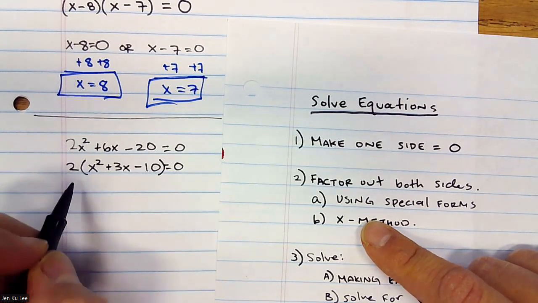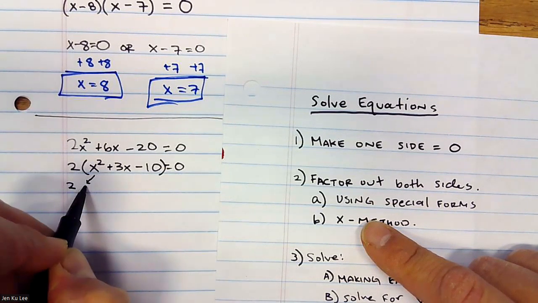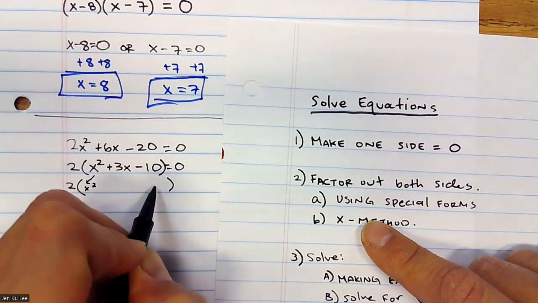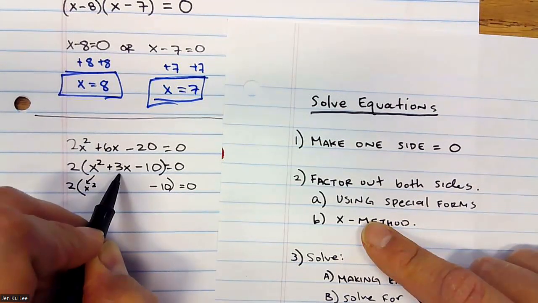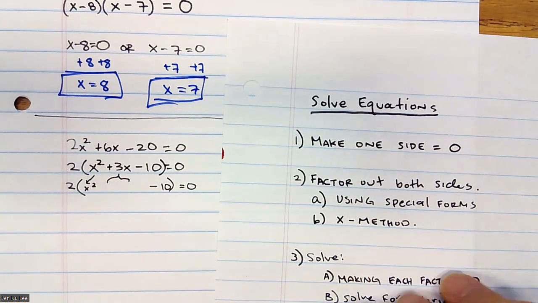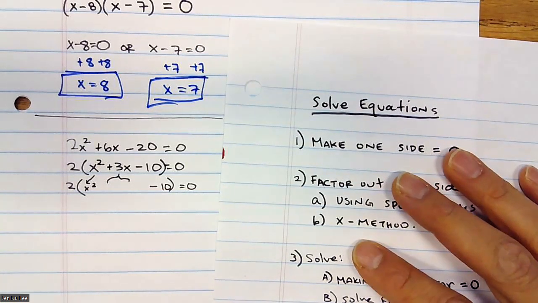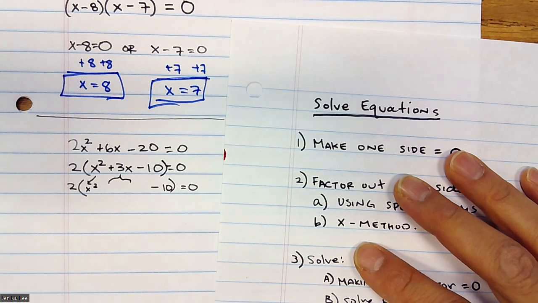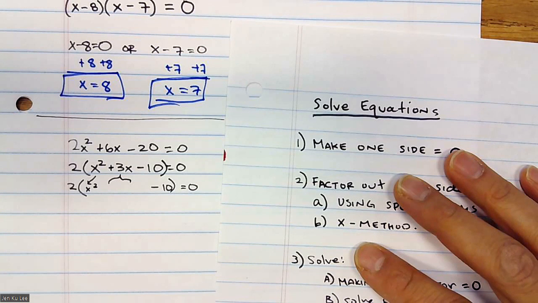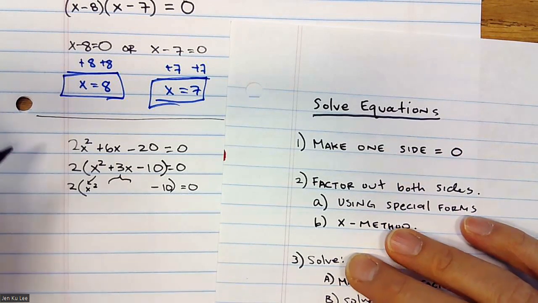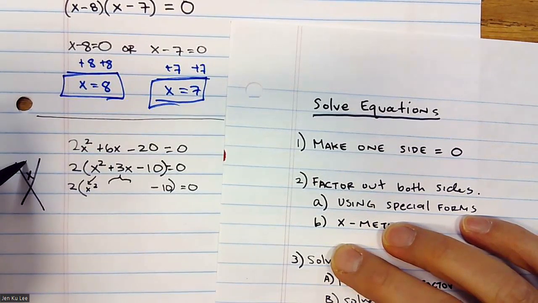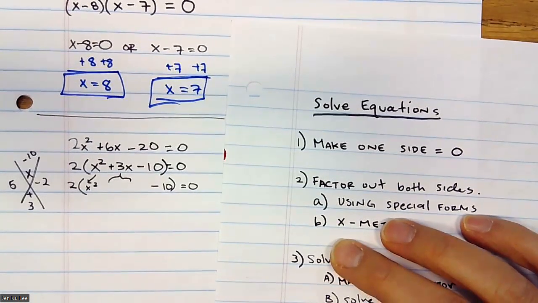Using the x method here, x squared, minus 10. The 3 will be broken down into what? 5 and negative 2. You guys see that? Two numbers that get me a product of negative 10 and a sum of 3. 5 and negative 2. Right? 5 times negative 2 is negative 10. 5 minus 2 is 3.